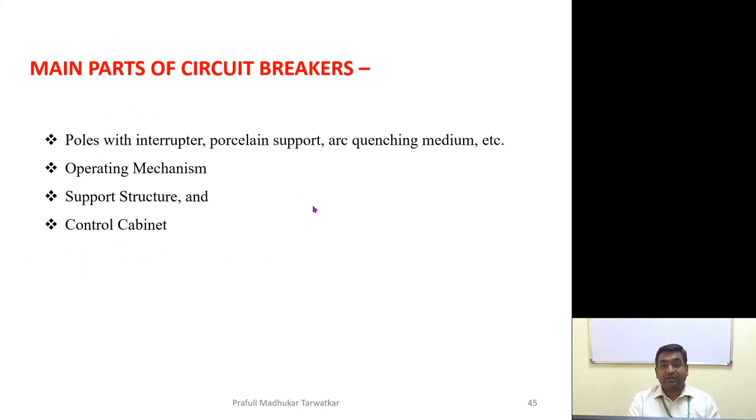Now, as far as the construction of the circuit breaker is concerned, it has these main parts: poles with interrupter, porcelain support, arc quenching medium in a housing, then operating mechanism, either manual control or automatic control, then the support structure on which the complete circuit breaker has to be installed, and a control cabinet which may be remotely installed. These are the main essential elements of any circuit breaker for effective operation.